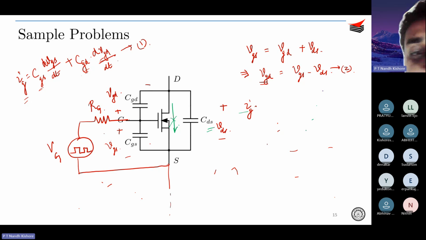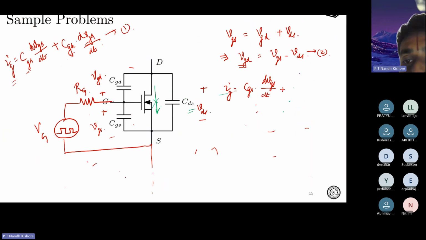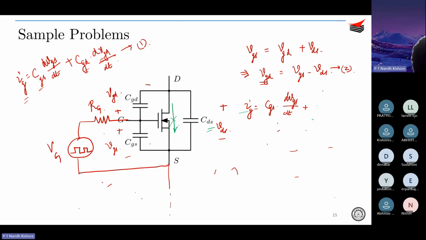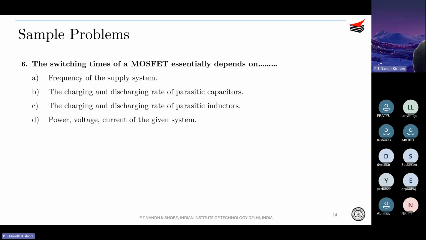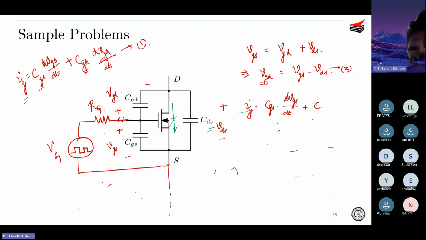So your IG becomes CGS into dVGS over dt plus CGD into d over dt of VGS minus VGD, right?